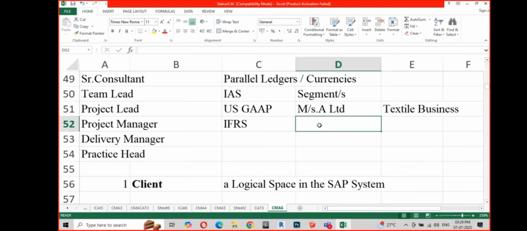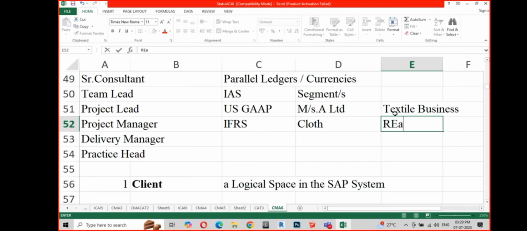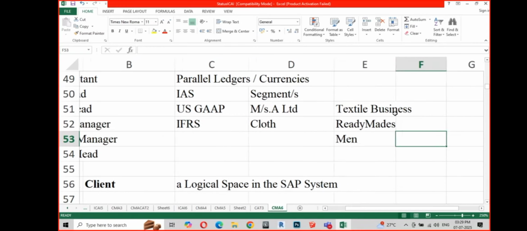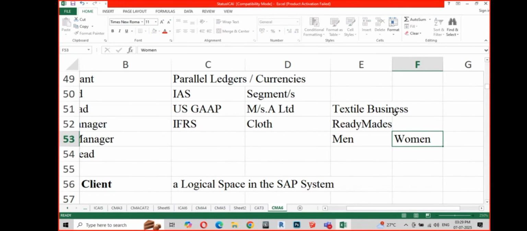It deals with both cloth and ready-mades. In ready-mades, men and women.